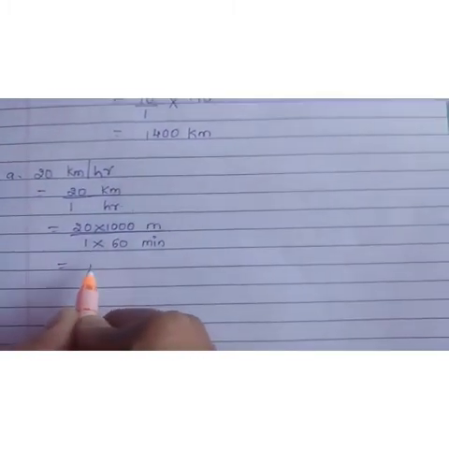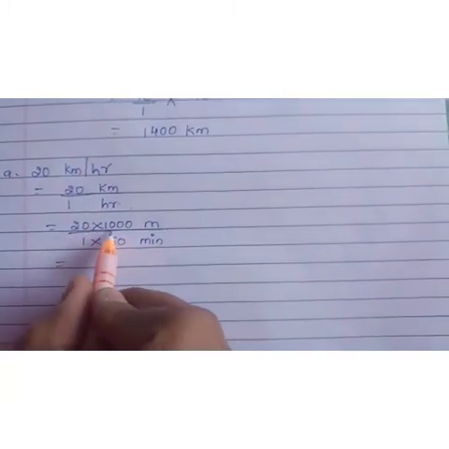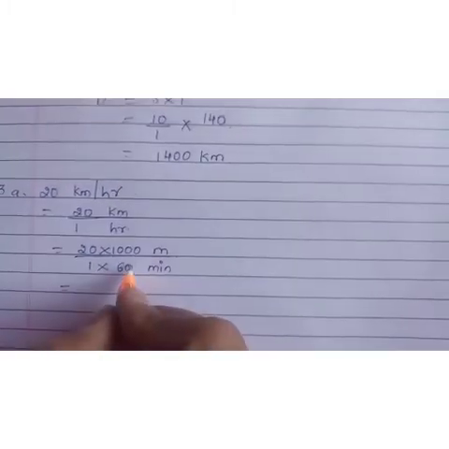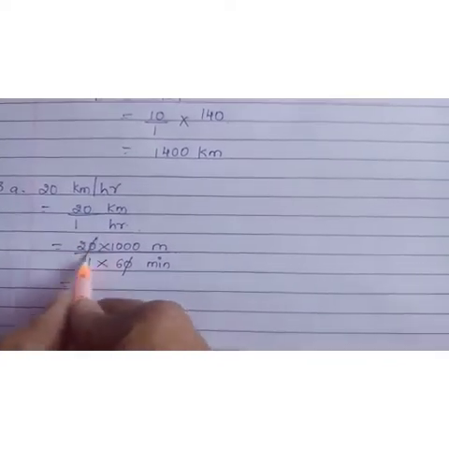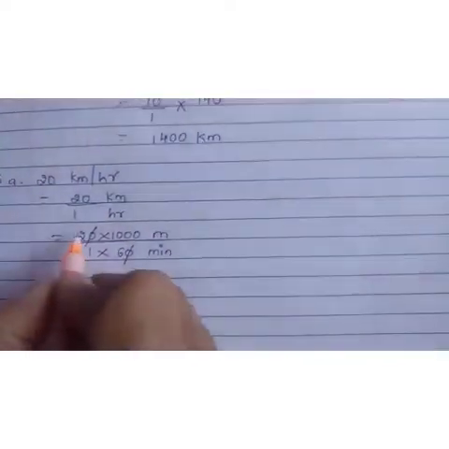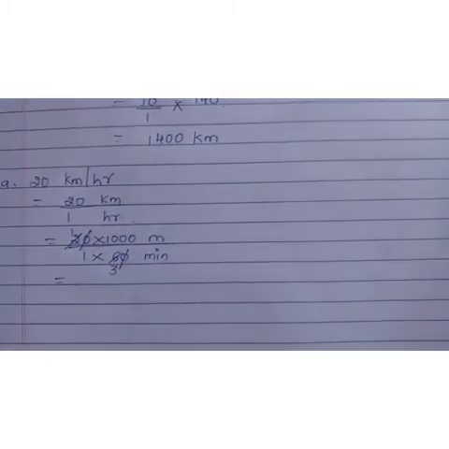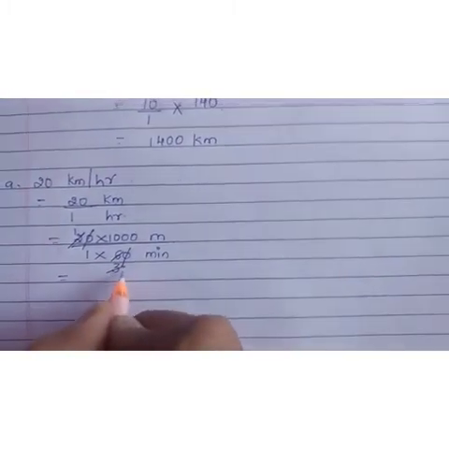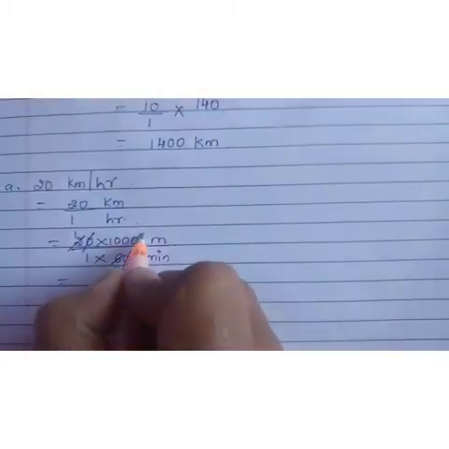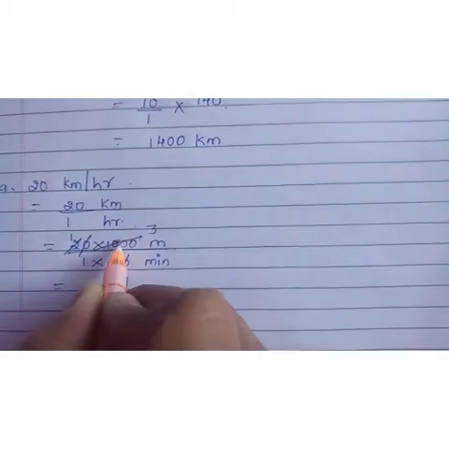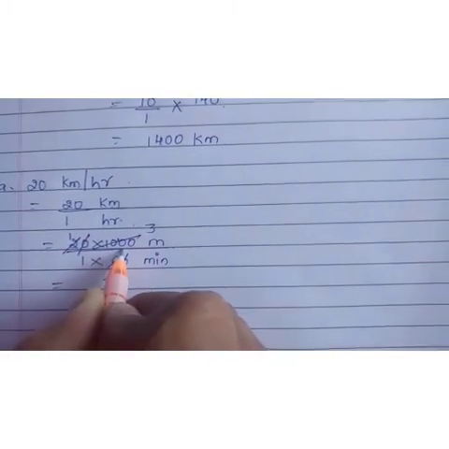Okay. Next, 20 into 1000. You can multiply and then divide or directly divide. 1 0, 1 0 gets cancelled. 2 1s are 2, 2 3s are 6. Next, 3 1s are 3, 3 3s are 9. 1 is remaining. So when you bring down the zero, it becomes 10.